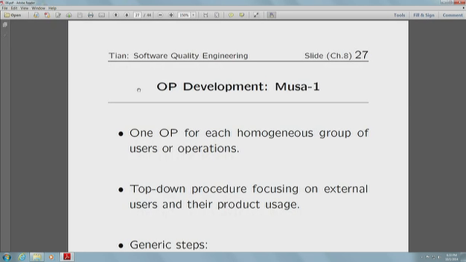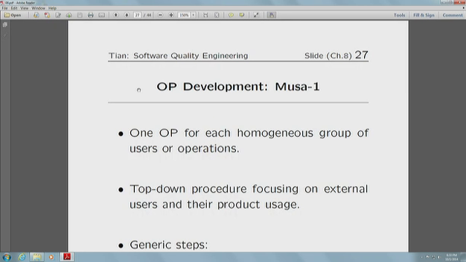We talked about the general idea of Musa 1 and Musa 2. Both of those procedures were developed by John Musa, who was with AT&T Bell Labs for many, many years, and who was one of the pioneers and founders of the software reliability engineering research area.